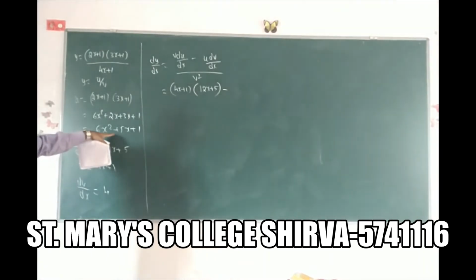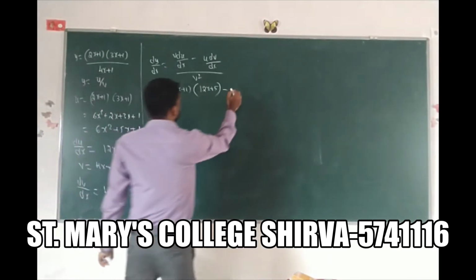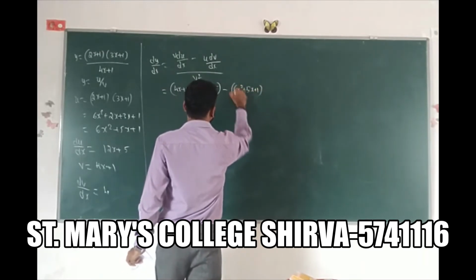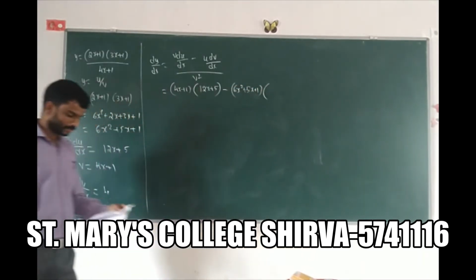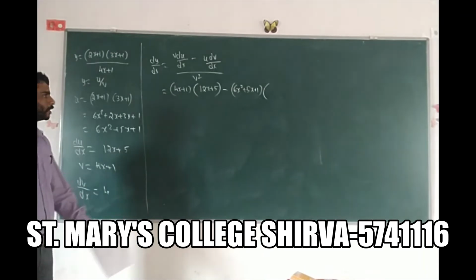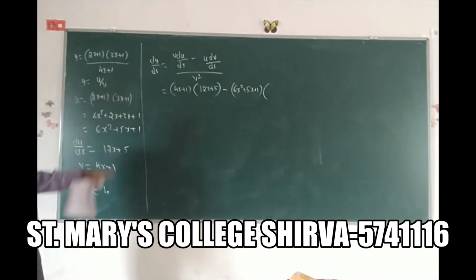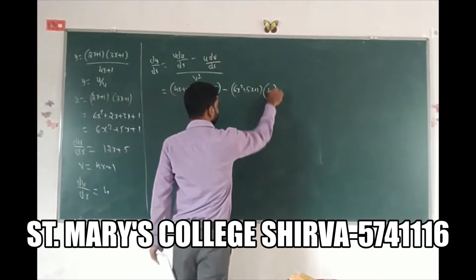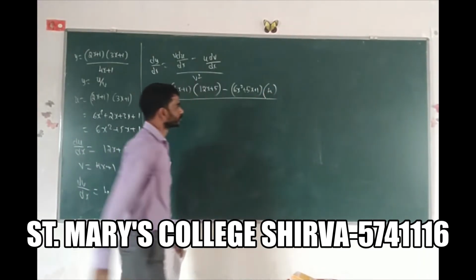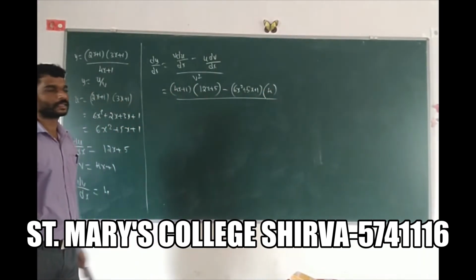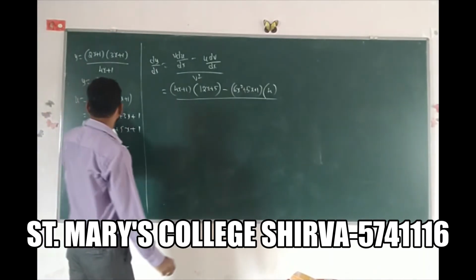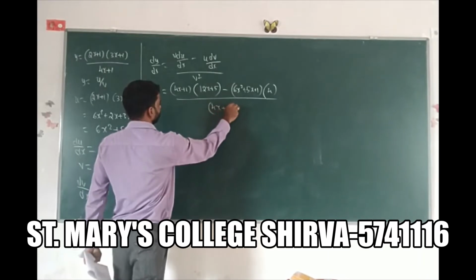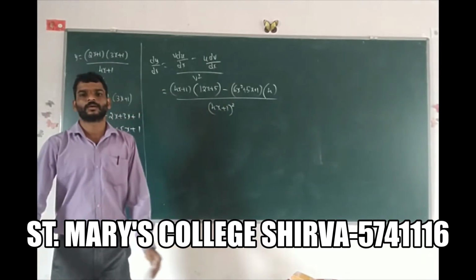We simplify this: 6x square plus 5x plus 1. That is u. Next dv by dx value is 4. Now v square, what happens? v is 4x plus 1, so 4x plus 1 whole square.